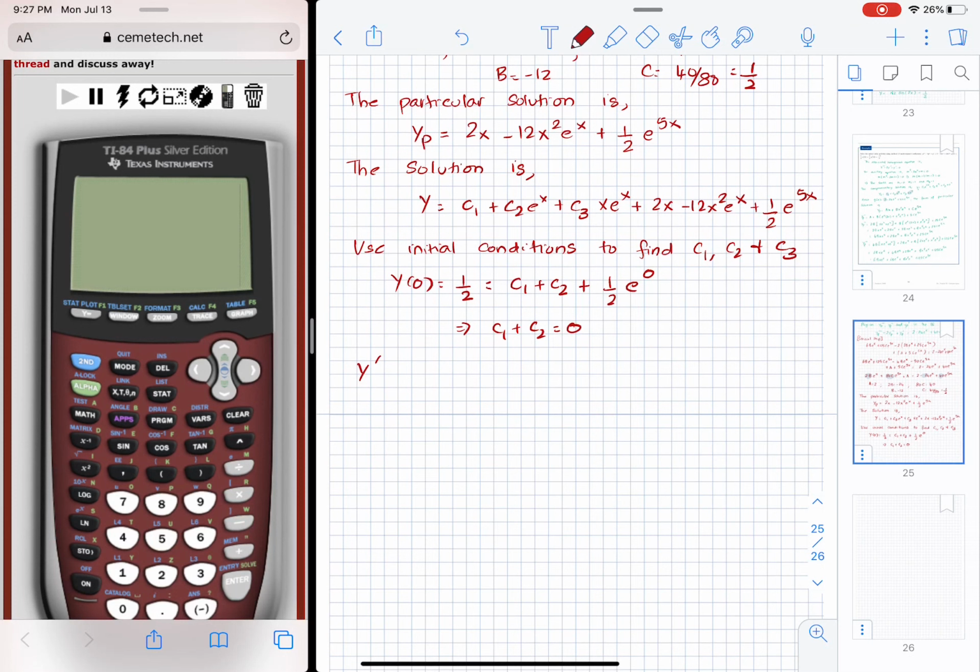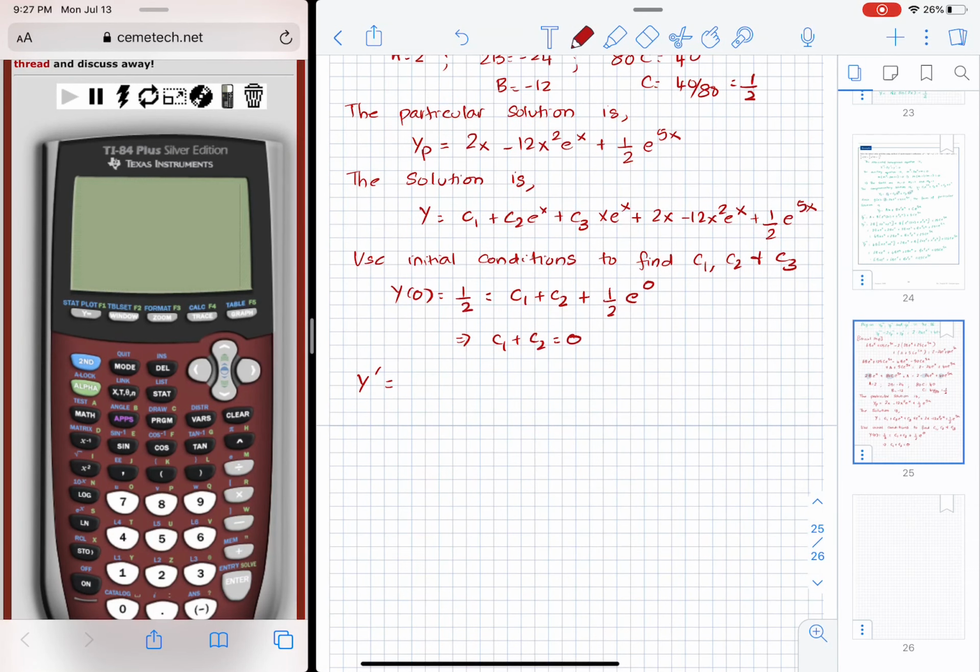So y prime is: C1 goes away, C2 e^x, C3 x e^x plus e^x, plus 2 minus 12 (2x e^x plus e^x times x squared), plus 1/2 times 5 e^(5x).